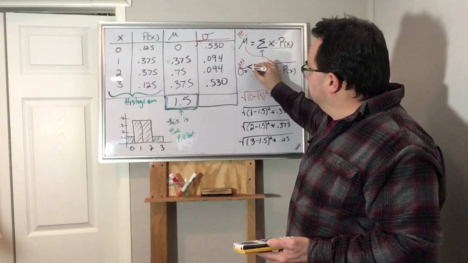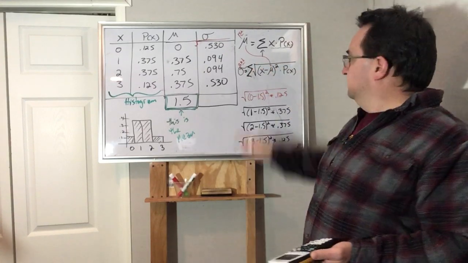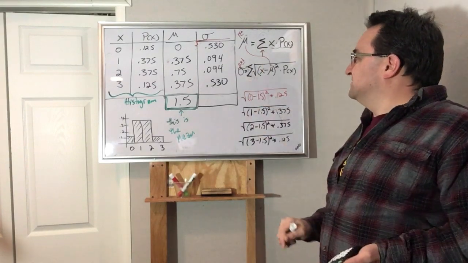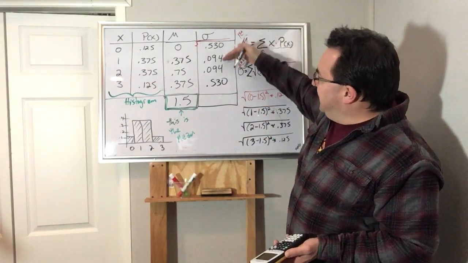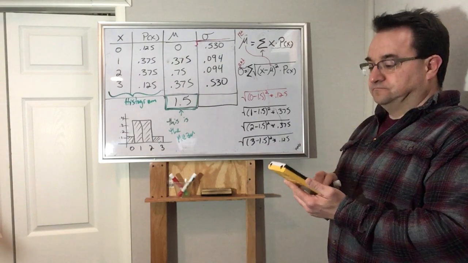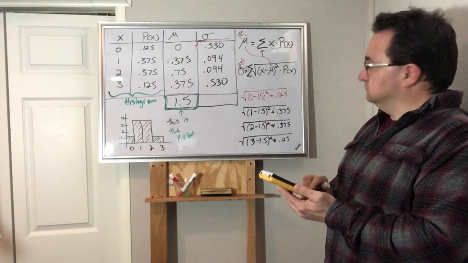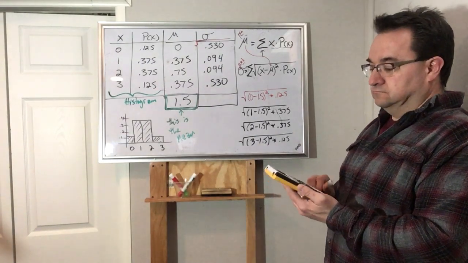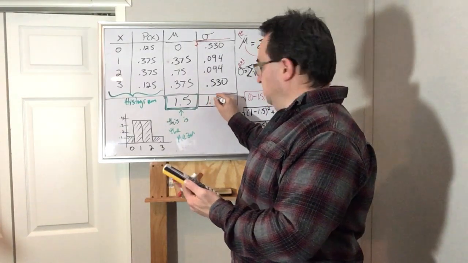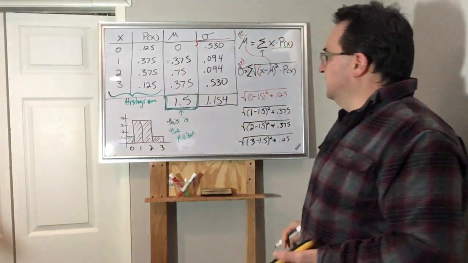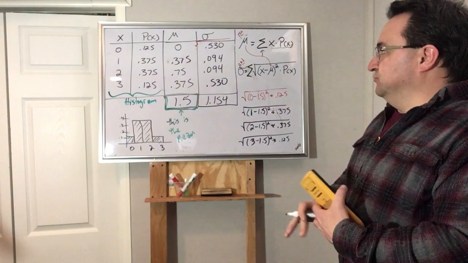The standard deviation is the sum of all those. Just like this was the sum, it's the sum. So we have to add all of those up. 0.154. So what did I just do?